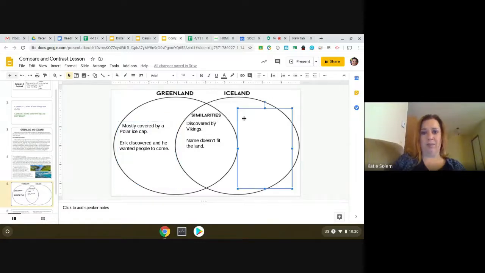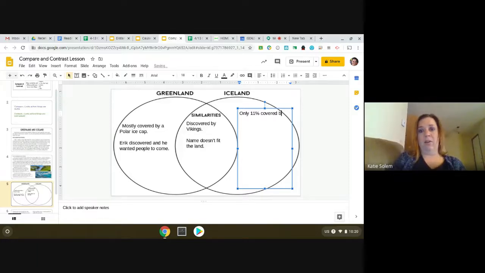Everybody should come here. Now, Iceland, on the other hand, is only 11% covered by ice. The Viking Floki discovered it, and he didn't want people to go there.